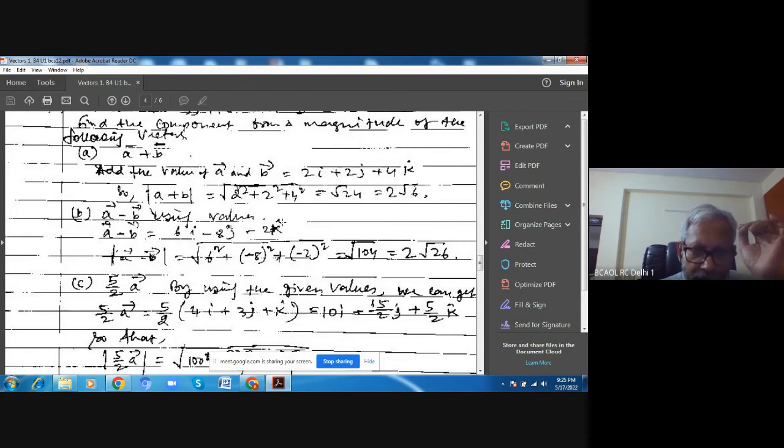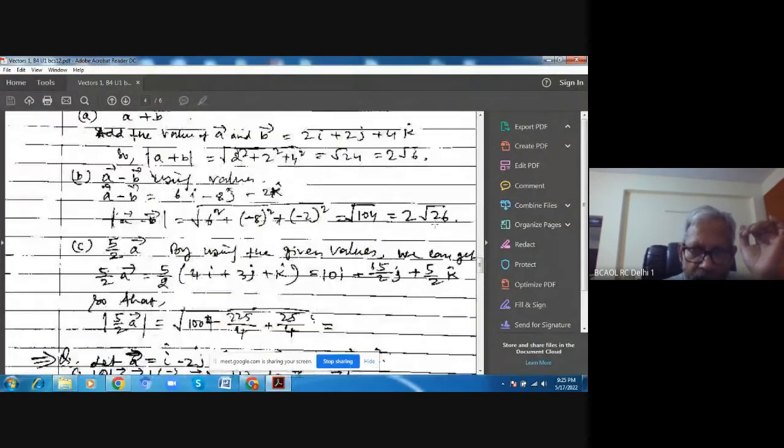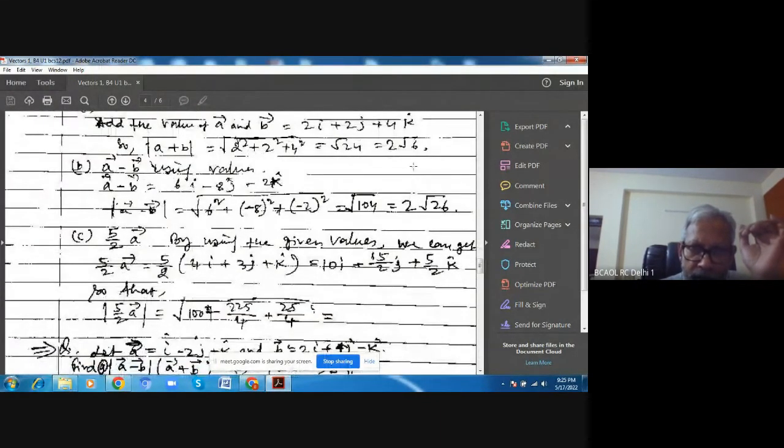That value automatically converts to 1, because we know i is equal to root over -1, or I can say i square is equal to -1, or j square is equal to -1, k square is equal to -1. So when you square it up, simply 1 comes, because -1 squared is ultimately 1. So that's why it is removed, and only the figure is coming.